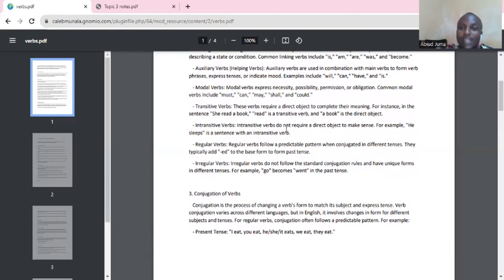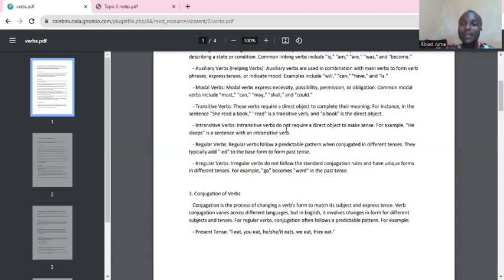For example, he sleeps. He sleeps is a complete sentence that means the person sleeps, but the verb sleep doesn't necessarily need a direct object.